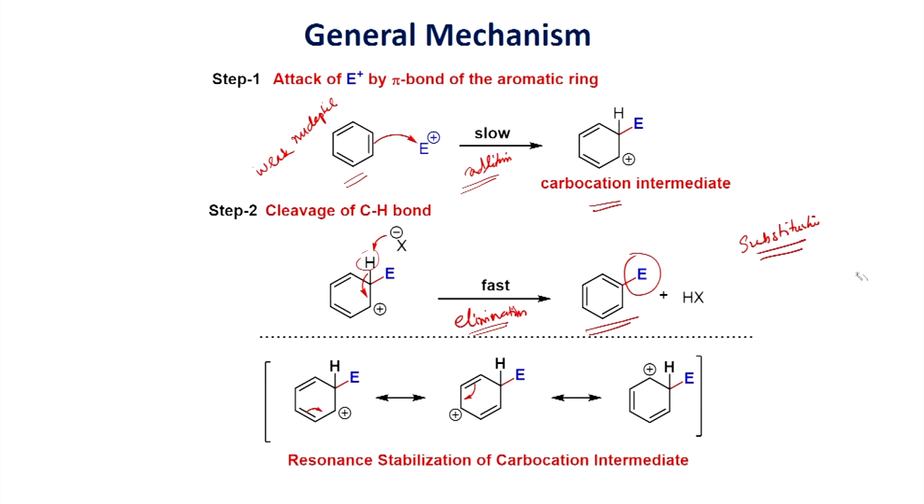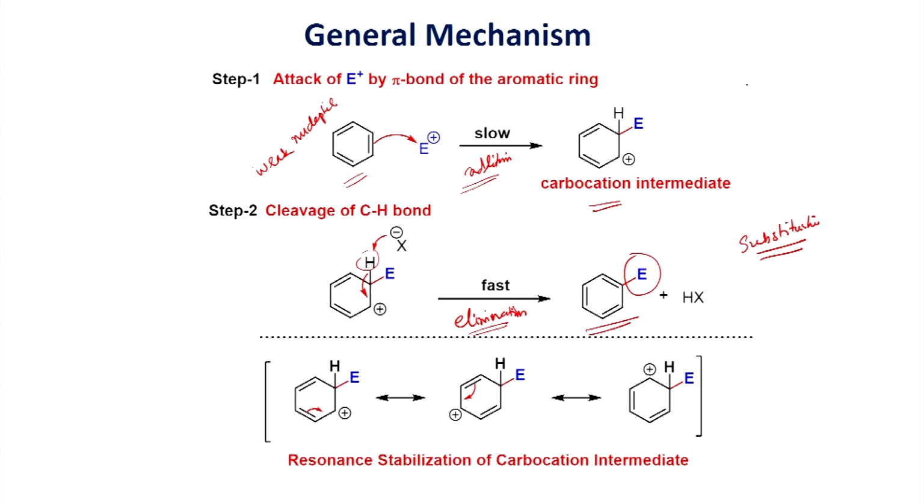Now, let us compare the aromatic electrophilic substitution with the addition reaction of an alkene. Let us compare with cyclohexene reacting with bromine.